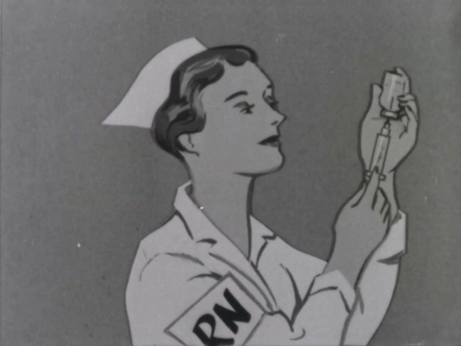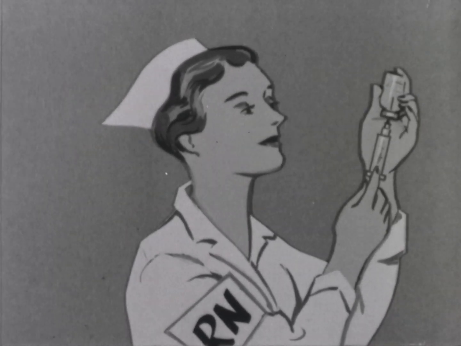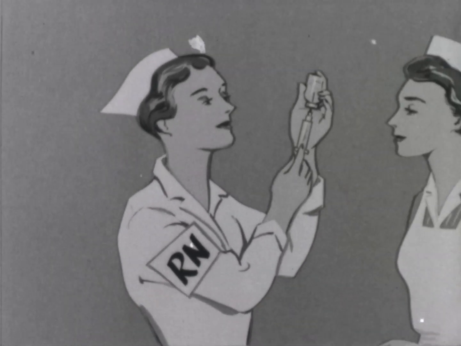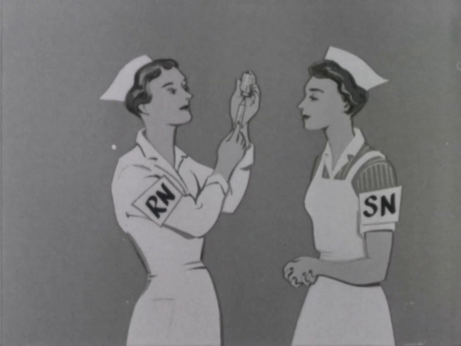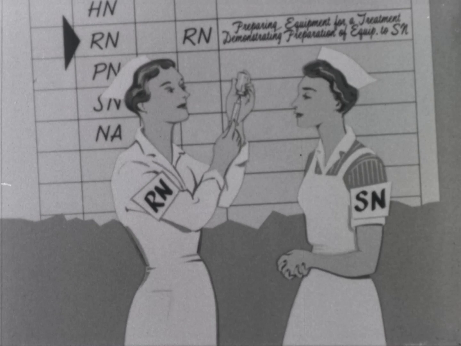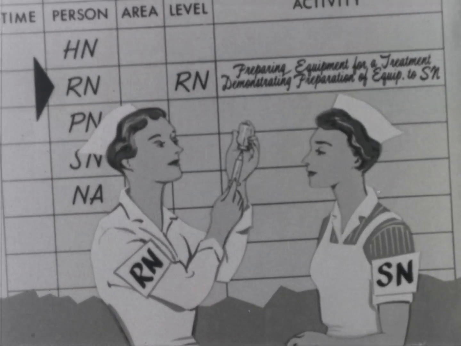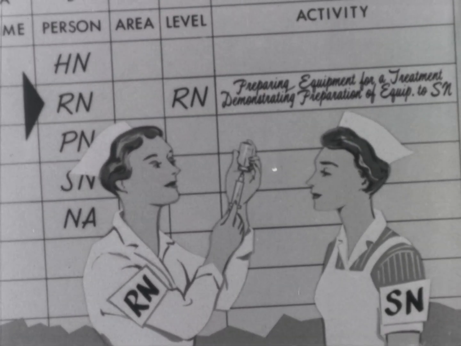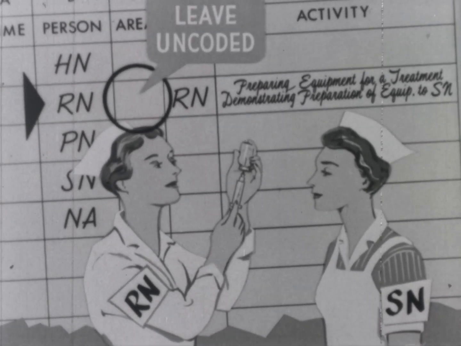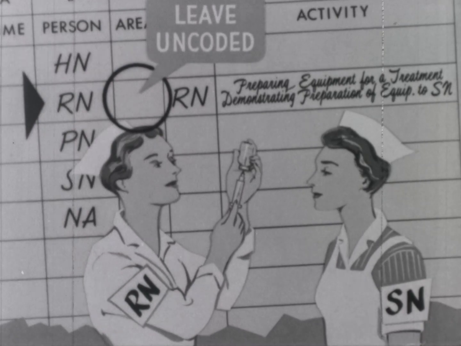If two activities being performed by the same person are at equal level, as when an RN prepares a piece of equipment for a treatment and at the same time demonstrates this procedure to a student nurse, the observer lists both activities. She leaves the area column blank until she can ask the study director which activity is more important for the purpose of this study.